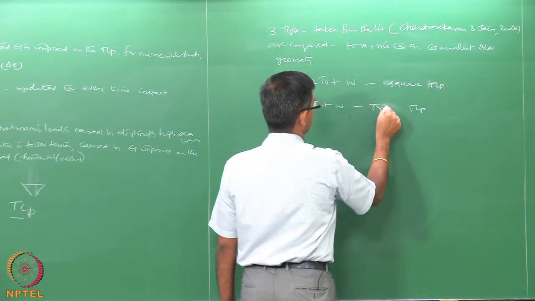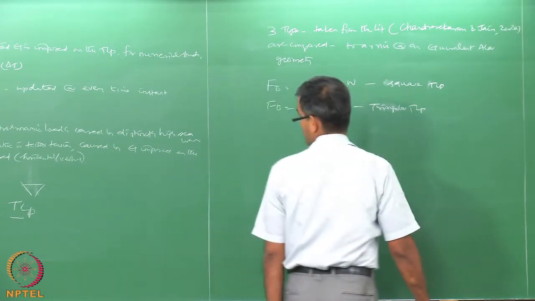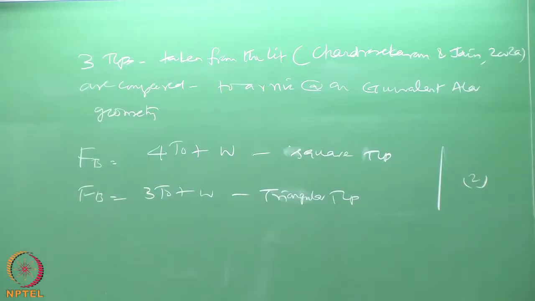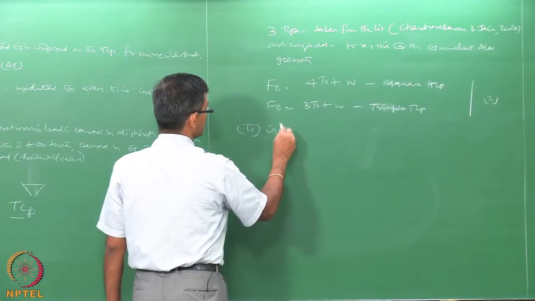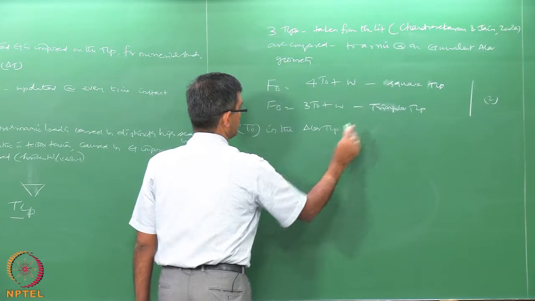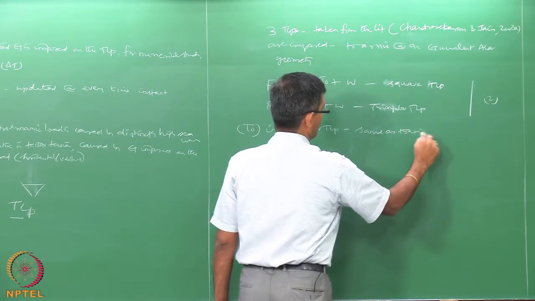Let us say this triangular TLP, calling this equation number 2. So, one can see that T0 in the triangular TLP is kept same as that of square TLP.